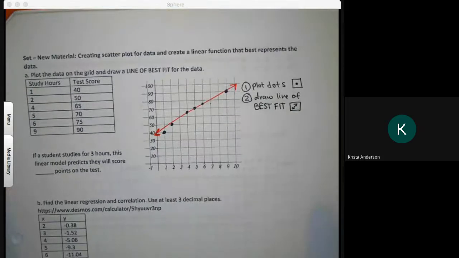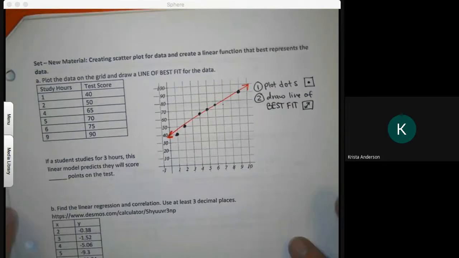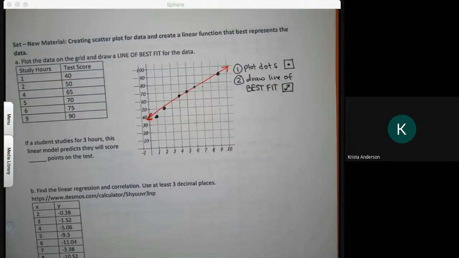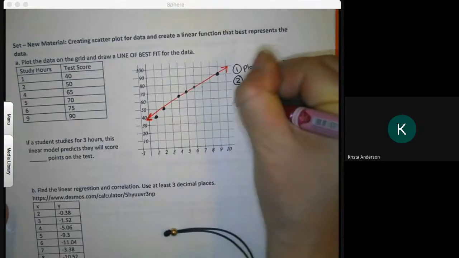It is a line of best fit, which means it won't exactly hit all of the dots. You're just trying to make it fit your best. Then I will answer the question.